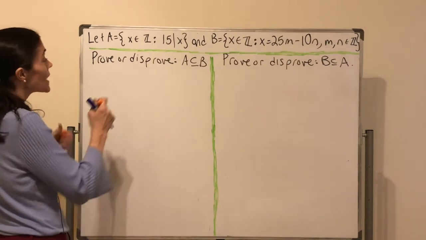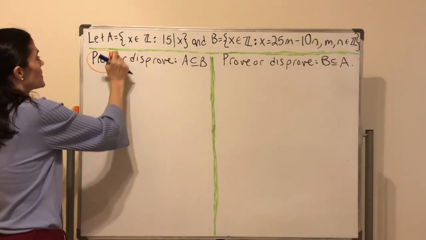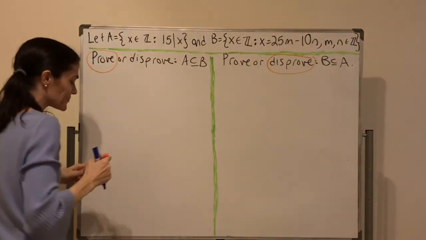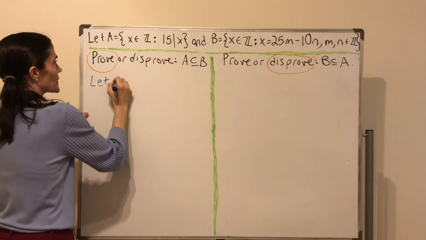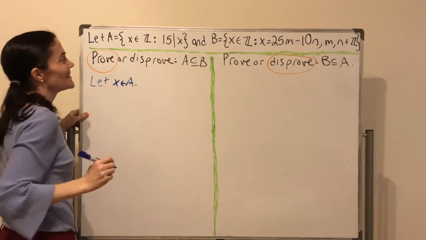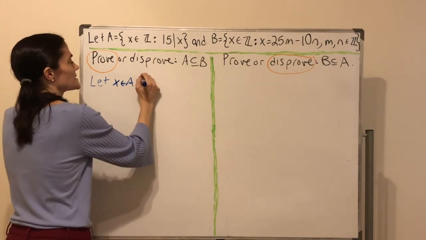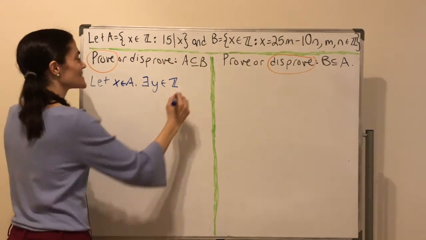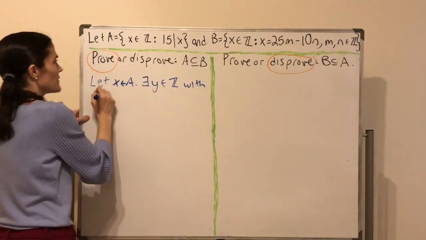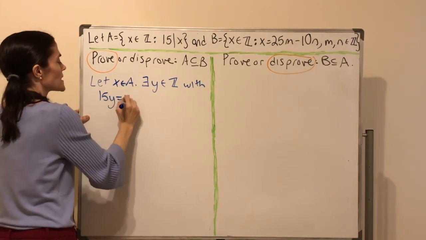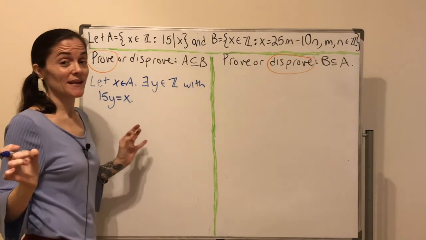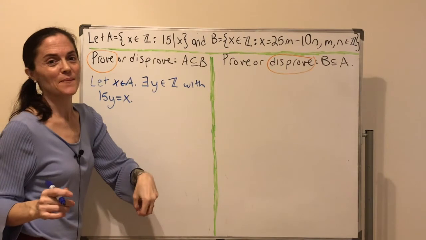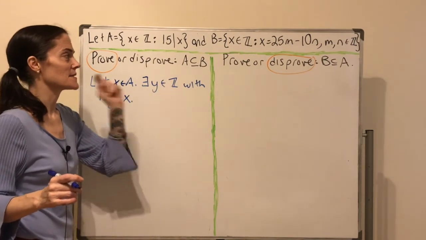Let's see. I will prove A is a subset of B, and I will disprove B is a subset of A. Let x be in A. Then there exists y such that, well, we know 15 divides x, with 15y equals x. Now, just like the example we did in the last lesson, I want to write x as 25 times some integer minus 10 times some integer.